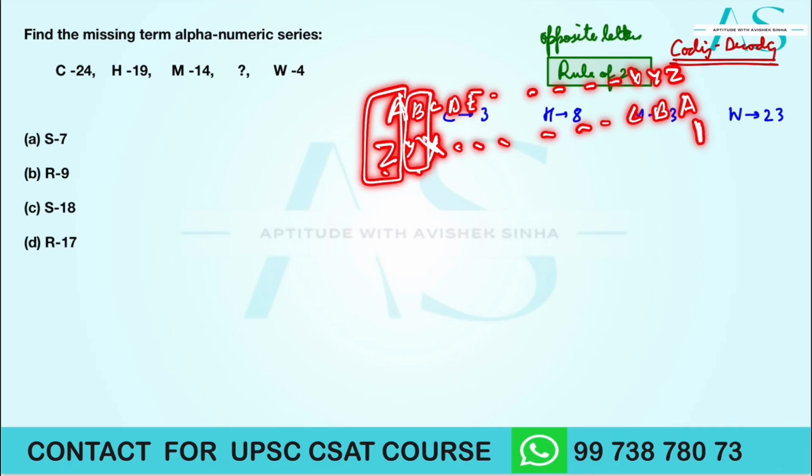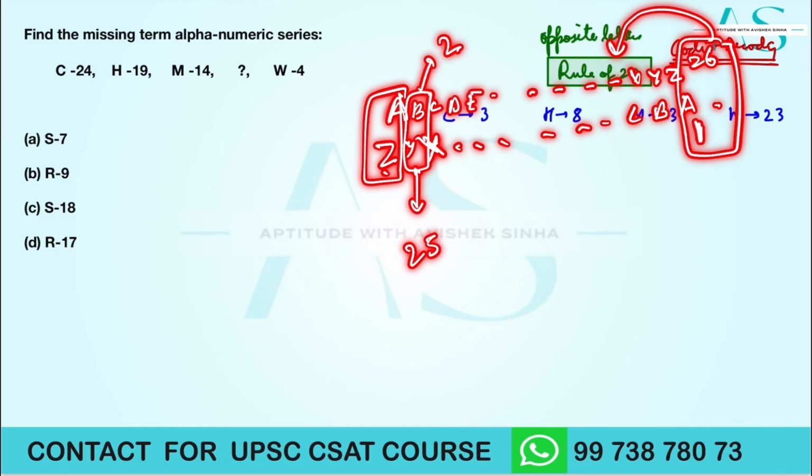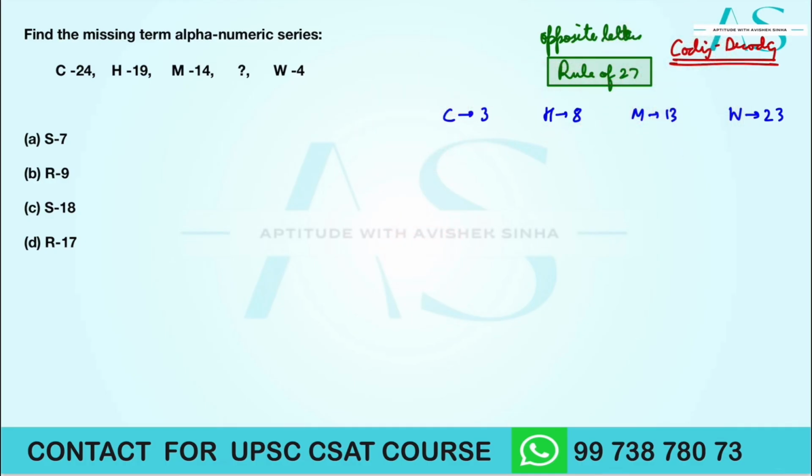A is at first position, Z is at 26th position. The sum is actually 27. Like B is at second, Y is at 25th. 25 plus 2 is 27. The rule of 27 is for opposite pairs of elements.